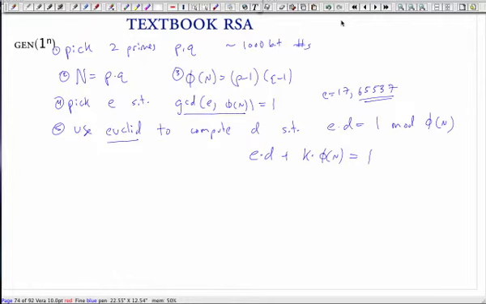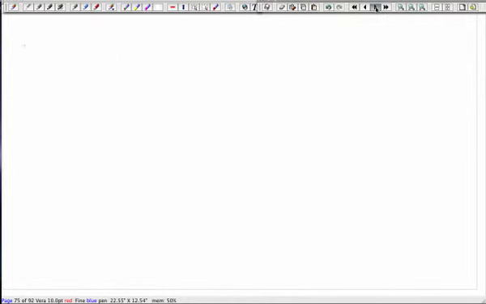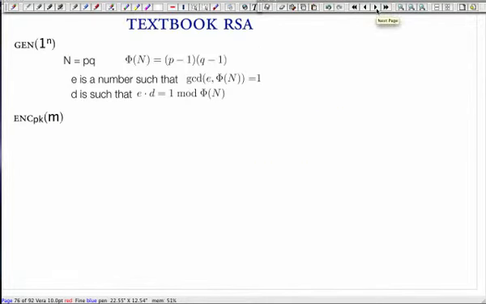And now let me show you how RSA actually encrypts a message. Very cool. It's M to the E. And decryption, modular exponentiation again.